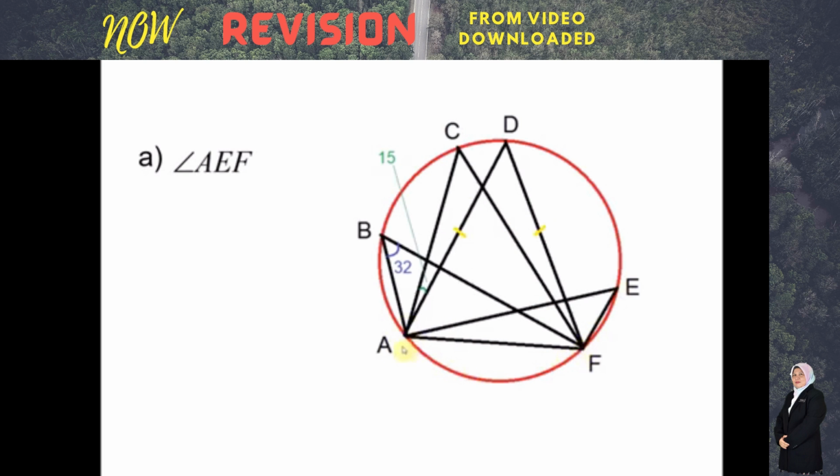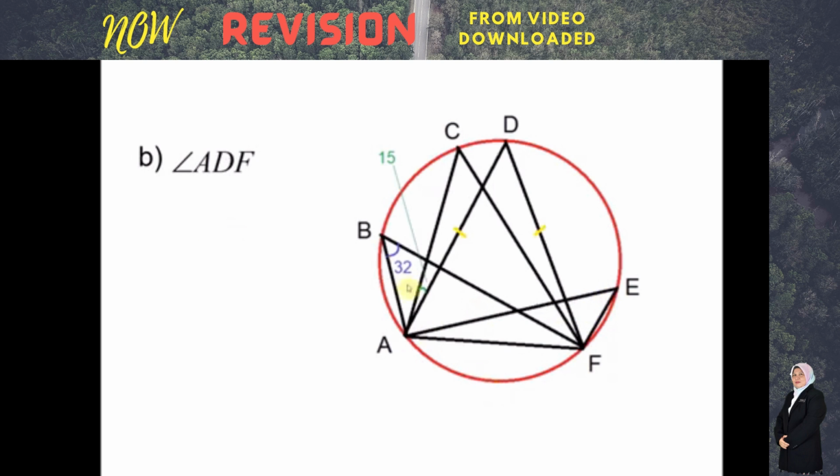From the same arc, there is another angle subtended by arc AF, which is the angle ABF, 32. If ABF and AEF are subtended by the same arc, this angle equals this angle. This is the first property that we learned. Hence, angle AEF is 32 degrees.